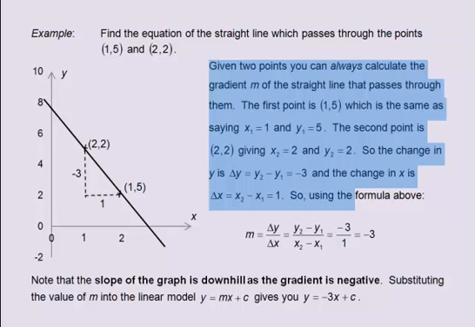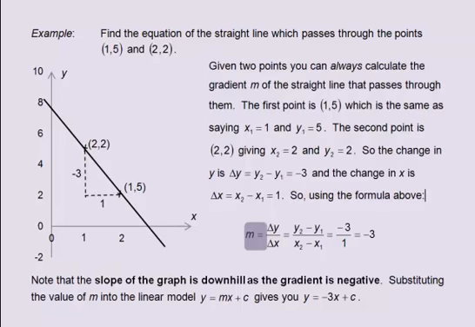So, using the formula above, m equals the change in y over the change in x, or delta y over delta x, which equals (y2 minus y1) divided by (x2 minus x1), which equals minus 3 divided by 1, which equals minus 3. Note that the slope of the graph is downhill as the gradient is negative.